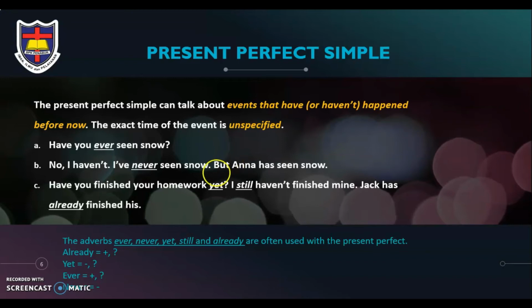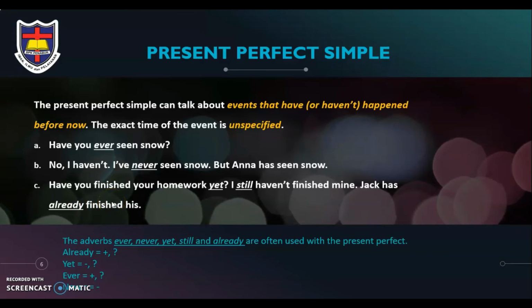Yet is used in an interrogative sentence, and look at its position: yet takes place at the last part of the sentence. I still haven't finished mine. Still, the position of still is before the verb, after the subject. Jack has already finished his. Already takes place before the verb, or after the auxiliary.